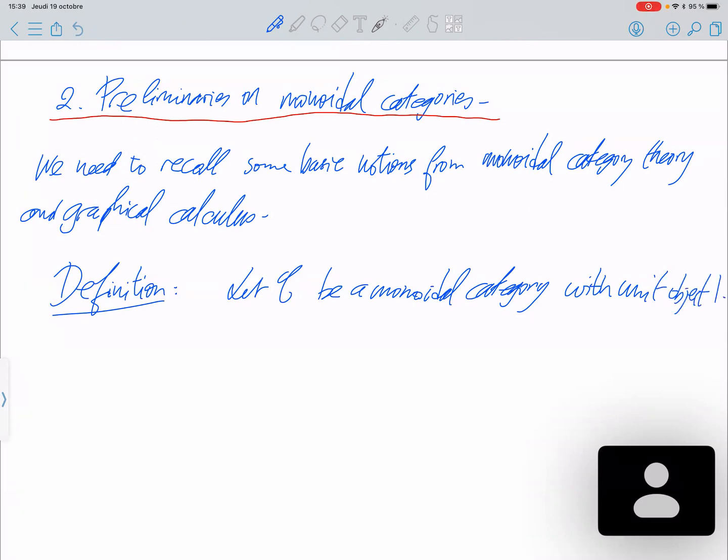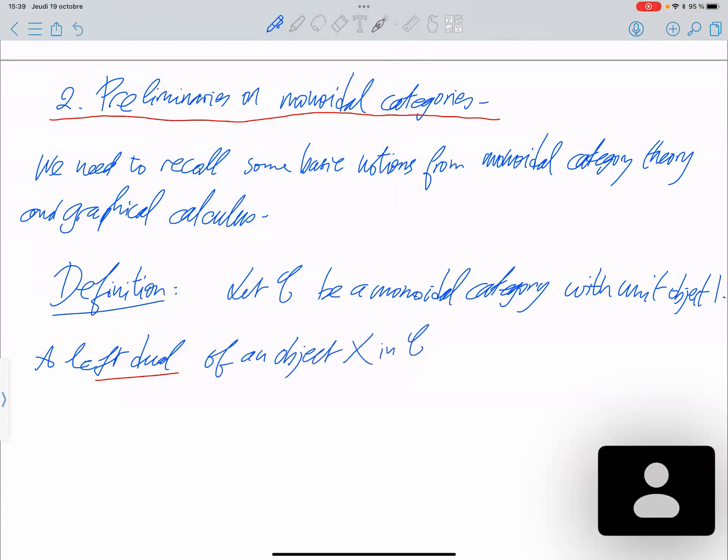A left dual of an object X in the category C is the data of an object X star together with two morphisms, and the zigzag relation.